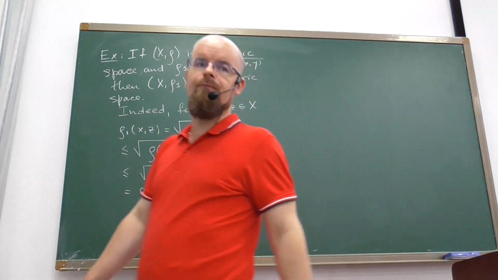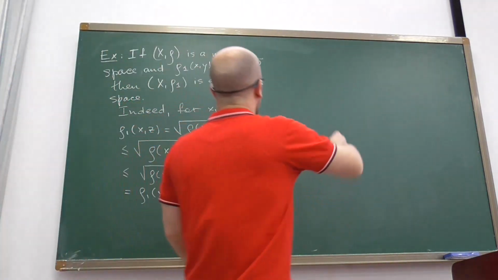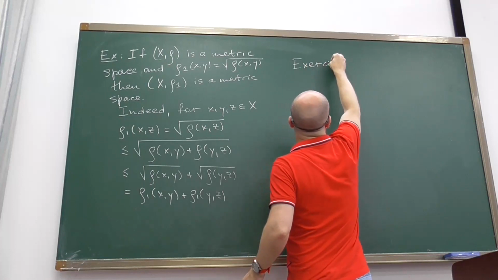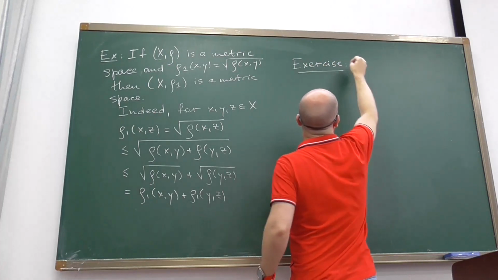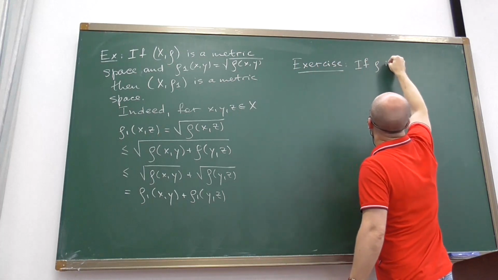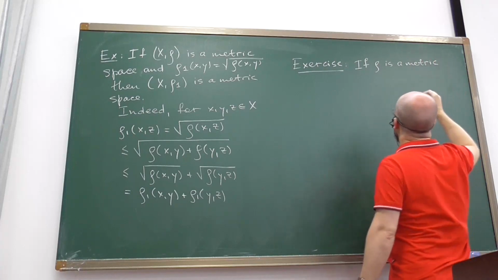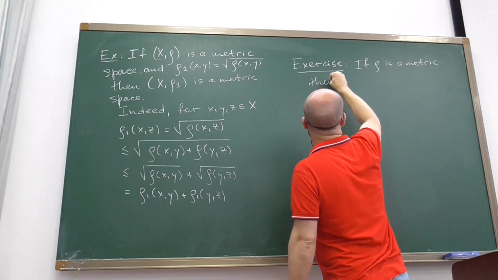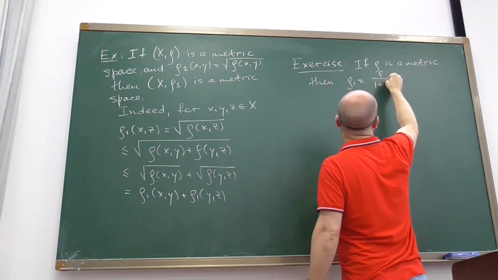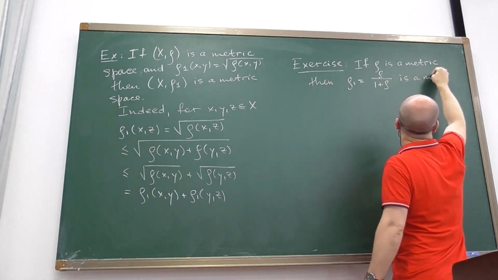And I will state a couple of exercises for you to solve. If rho is a metric, then rho 1 equals rho over 1 plus rho is a metric.